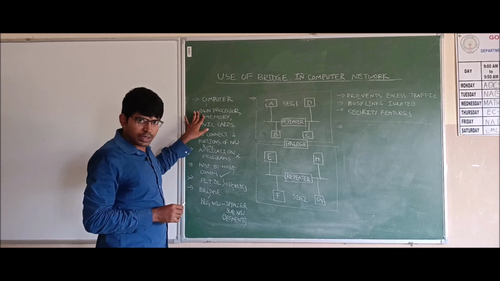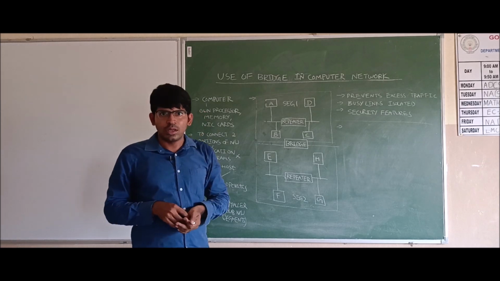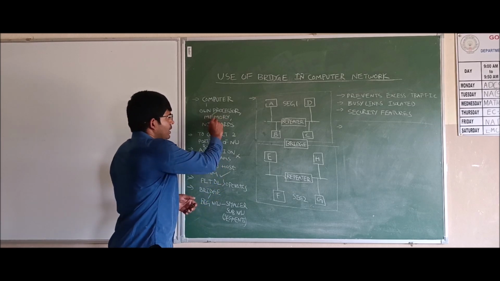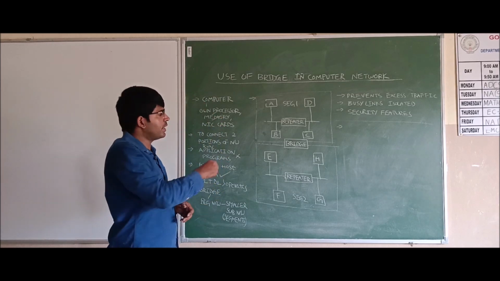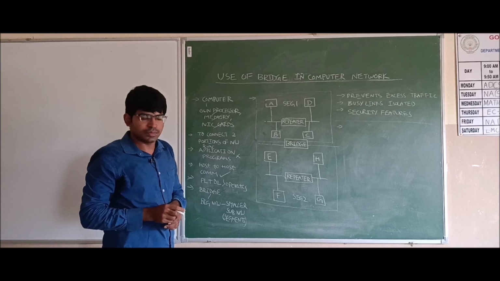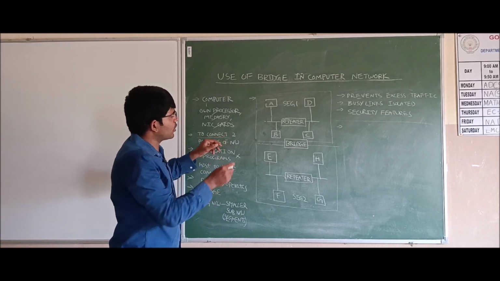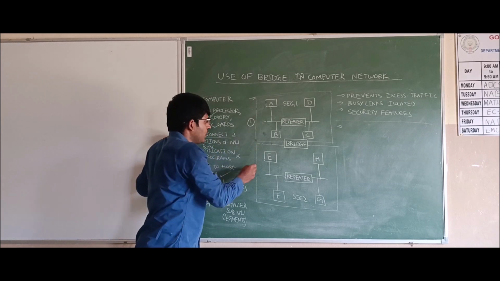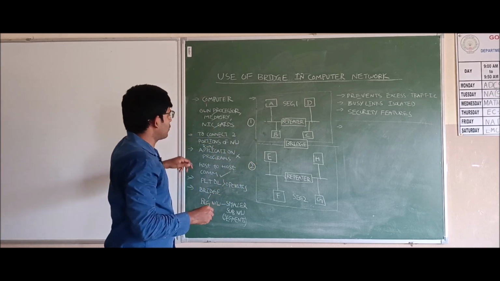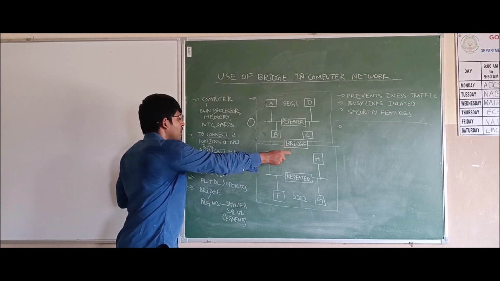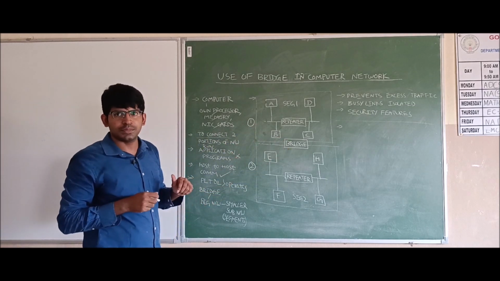Bridge is a computer like device. So it has its own processor, its own memory, and it has NIC cards. To connect two portions of the network, this is one portion of the network, this is the second portion, we generally use the bridge.